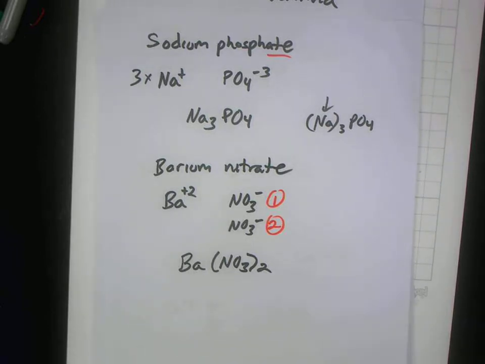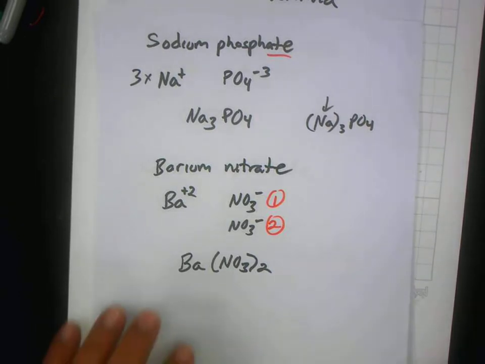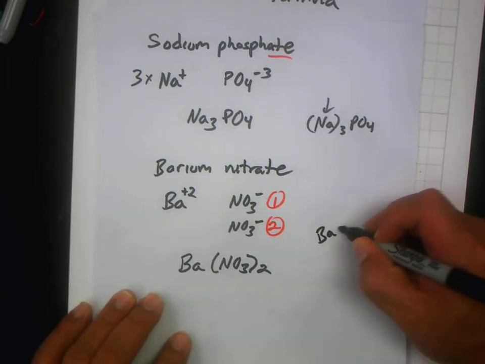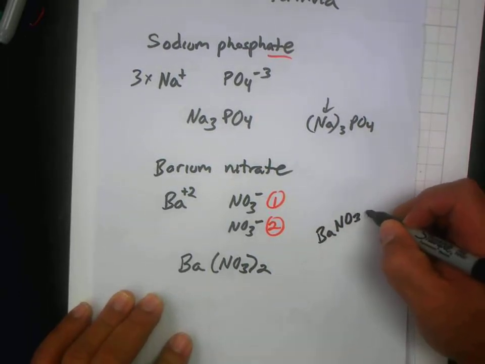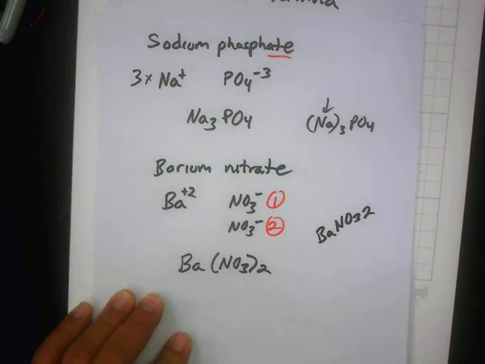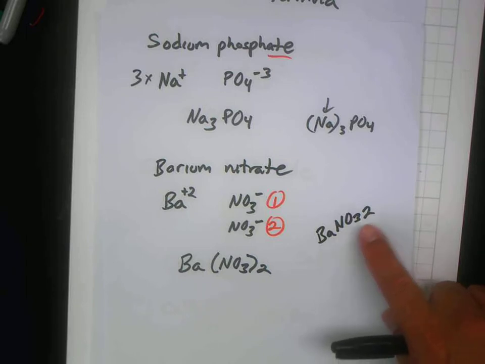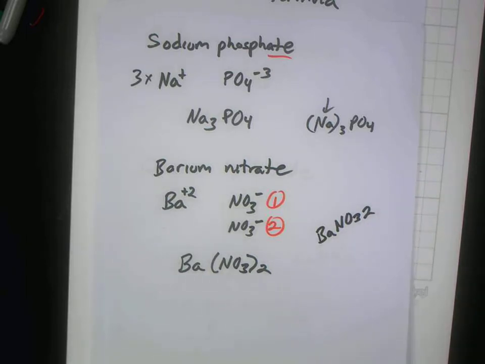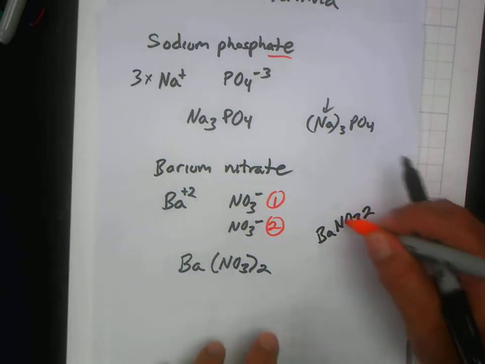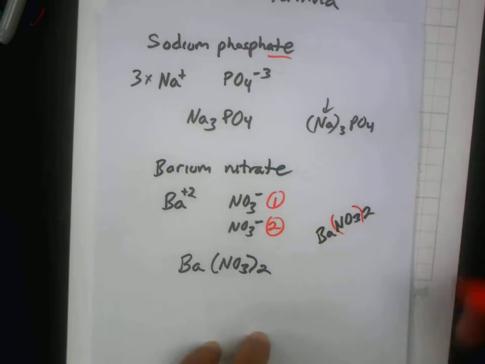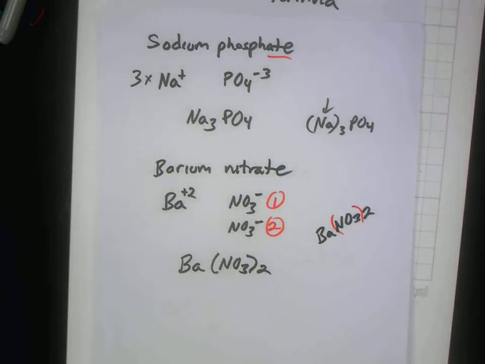Okay. If I did not put parentheses on this one, it would look like this, BaNO3, 2. And it looks like I need one nitrogen and 32 oxygens. Okay, so that's why the parentheses. Okay. So it's just a pretty simple rule.